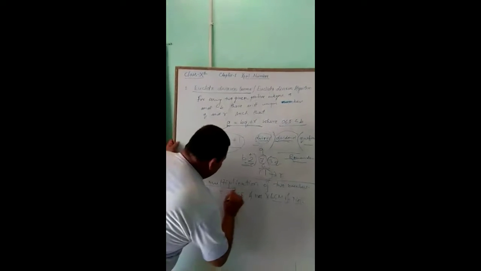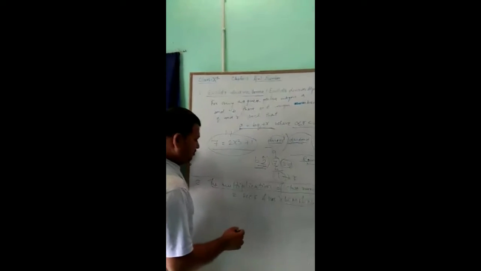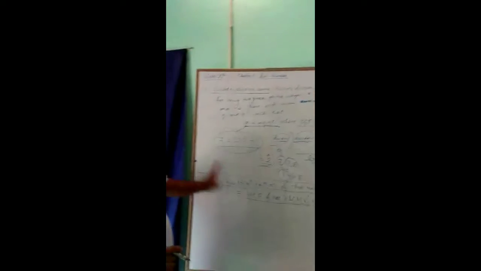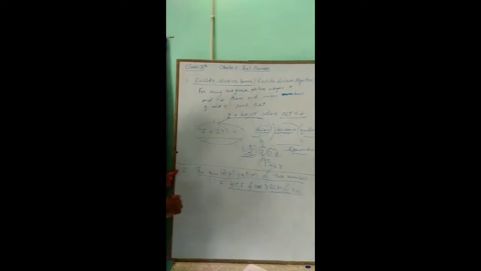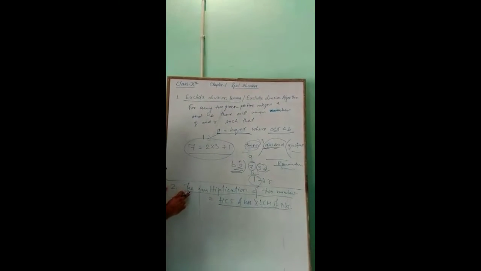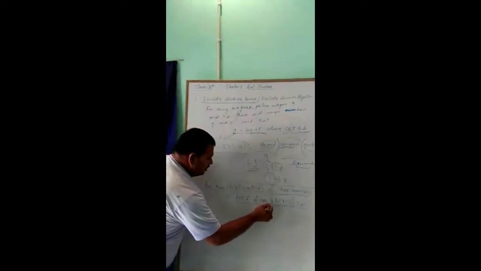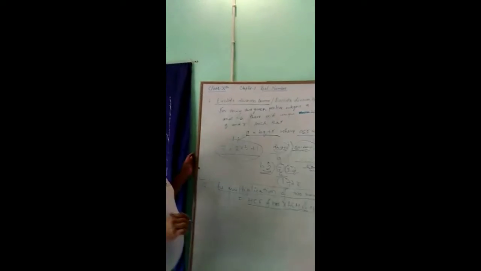For finding any two numbers are given, then we can find out the LCM and HCF by the process. Suppose that the one numbers are given and HCF and LCM are given, then we can find out by this formula.